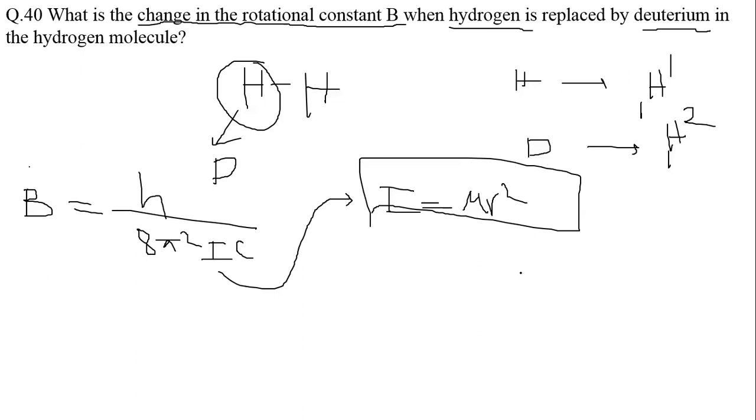When you replace one hydrogen atom with deuterium in the hydrogen molecule, mu is the effective mass, and this effective mass changes due to the introduction of deuterium in place of hydrogen.